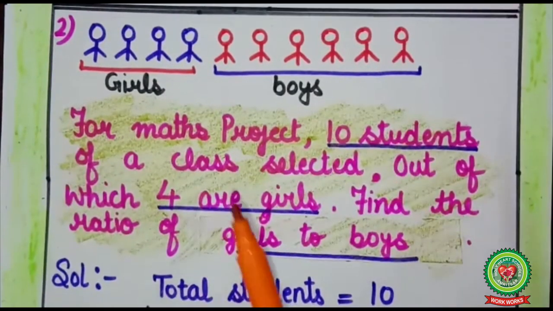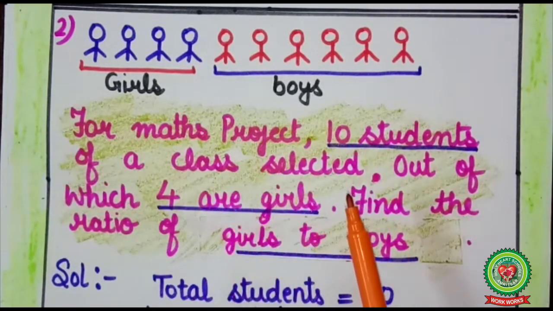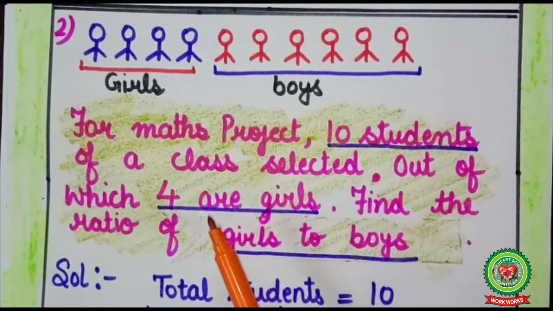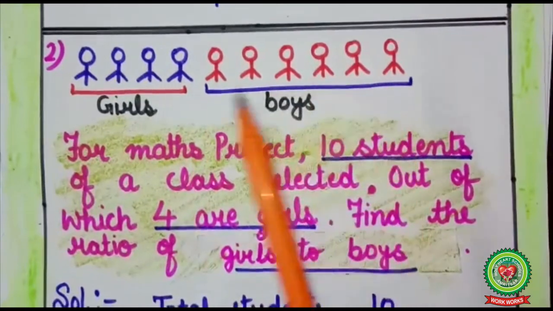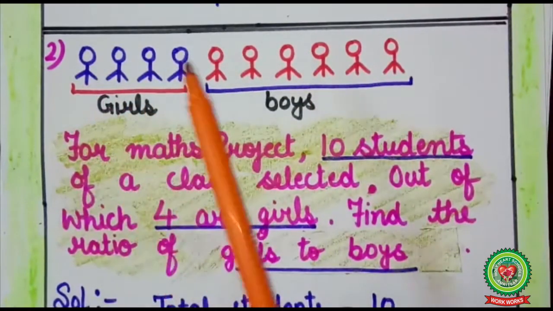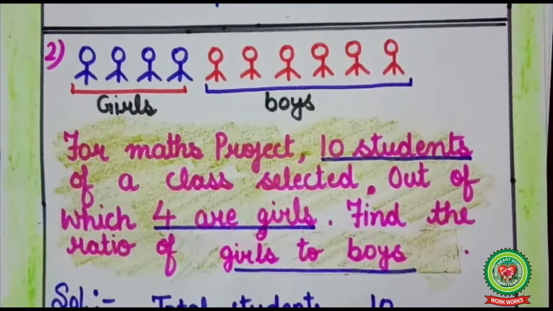Now, let's understand with one more example. For a maths project, 10 students of a class are selected, out of which 4 are girls. We have to find the ratio of girls to boys. Now, total students are 10, out of which 4 are girls. Therefore, the left out are boys.